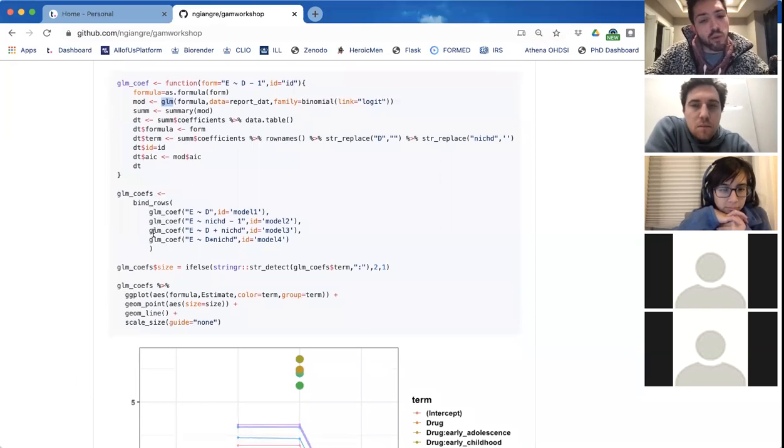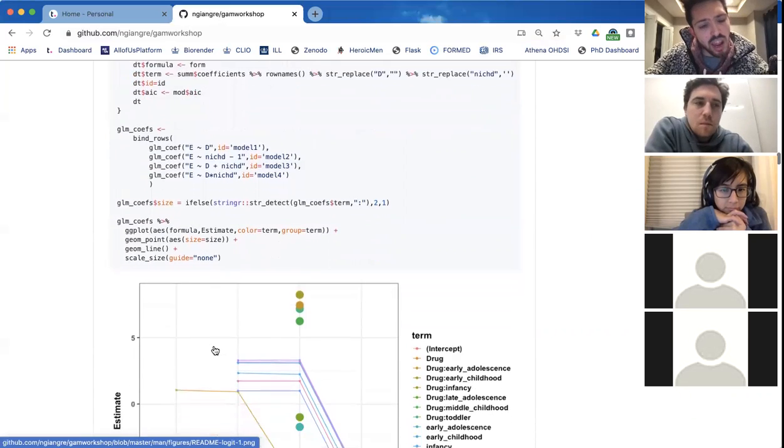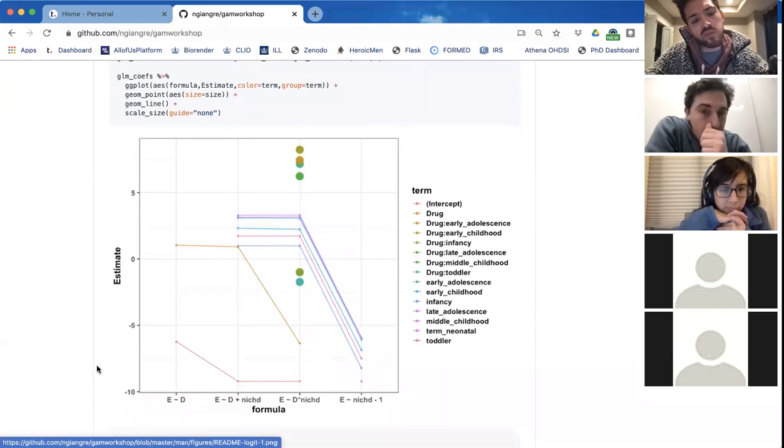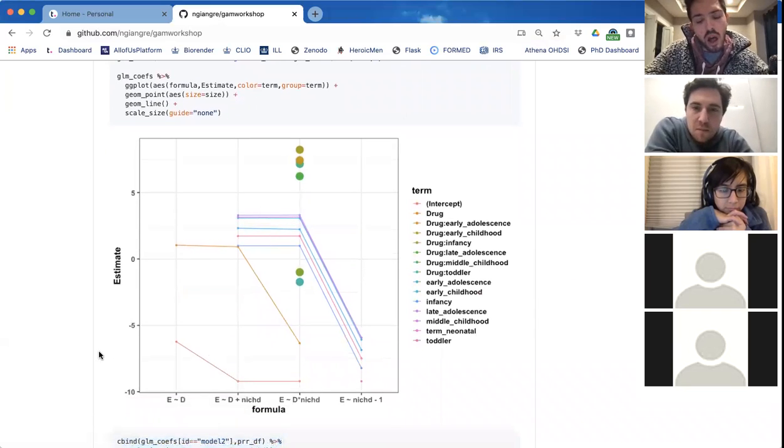So I bind all the rows of the data frames from this function, GLM coef, and I put it into one big data frame, and I make the size for certain coefficients, the ones that represent the interactions that we care about. And then I plot those coefficients across the models. The different models are the different formulas.